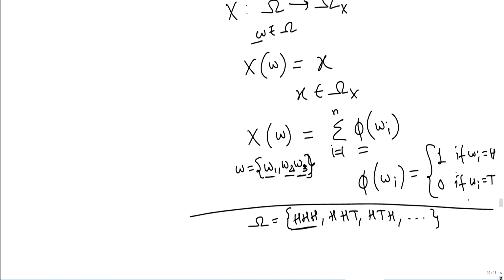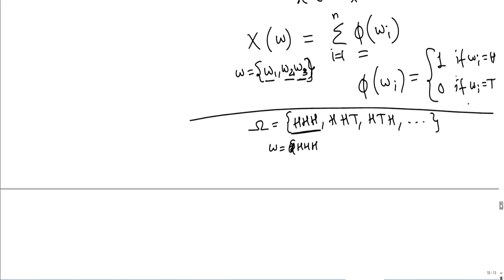So, consider this HHH. So, this is omega. If omega is, let us say, HHH, then you can call this omega 1, this is omega 2, this is omega 3. Think of it as a vector of outcomes on each coin toss.